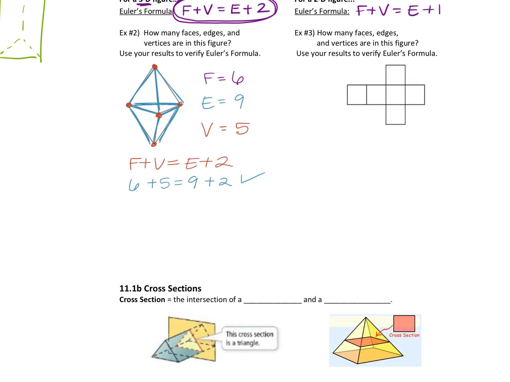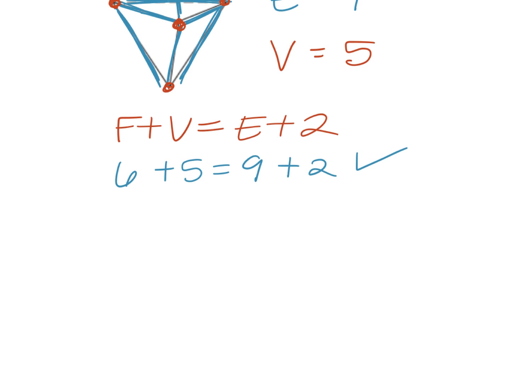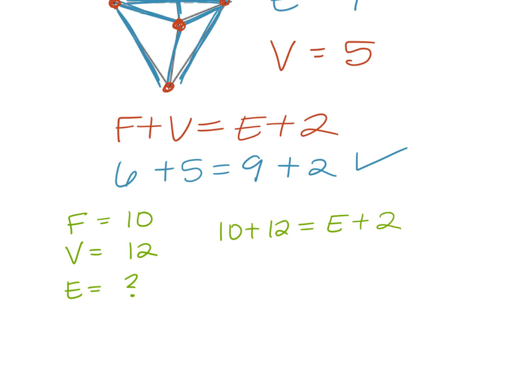Okay, so what if I said you have this setup? You have 10 faces, 12 vertices. How many edges do you have? What would you do? 10 plus 12 equals edges plus 2. Can I just tell you how many people do this problem wrong on the quiz?